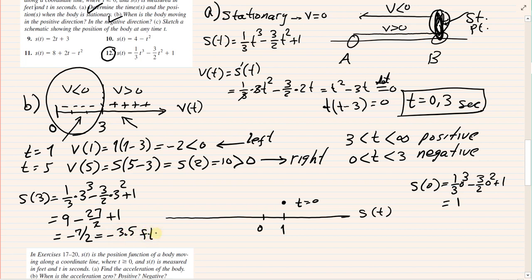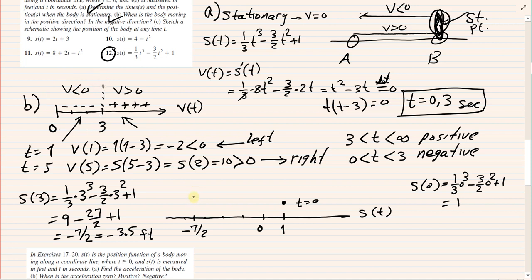So it actually goes to 1, 2, 3, 4. This is negative 7/2. And then remember, at t equals 3, velocity is 0, the transition from left to right.